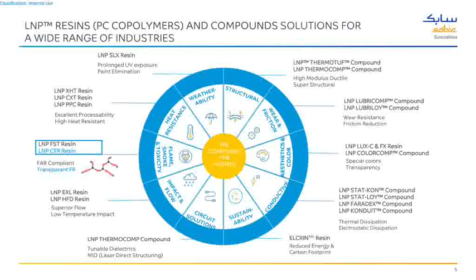In a nutshell, looking at the LNP and PC copolymer specializations, we have offerings starting from weatherability and structural materials. If you need a metal replacement with good friction and wear resistance, or sustainability concepts, in terms of impact, flow, and fire safety, flame and toxicity.